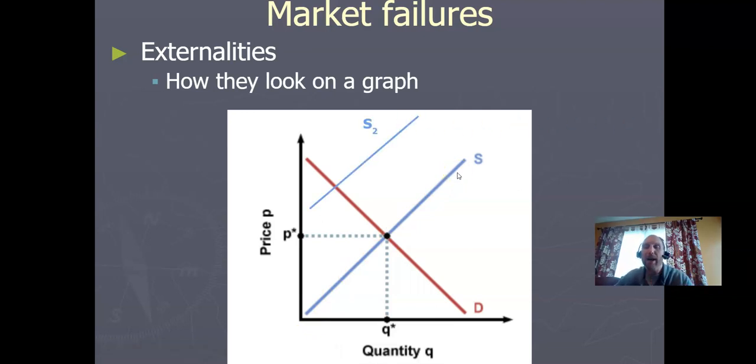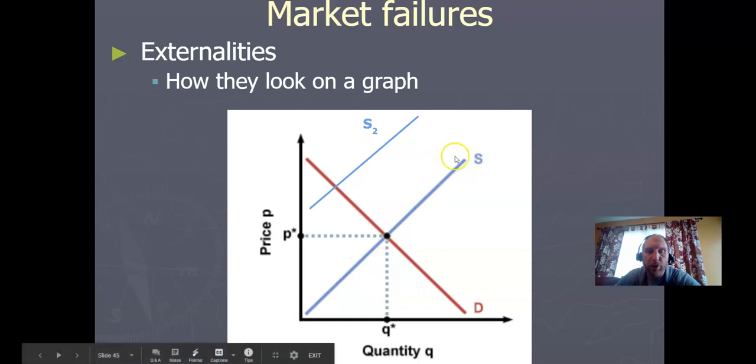If there is a product like electricity, and the coal power plant producing electricity actually has what we call a negative externality, it has additional costs, external costs that are incurred by people who are not producing or paying for the product. What that means is that the cost for society is actually higher than what the regular supply curve is showing.